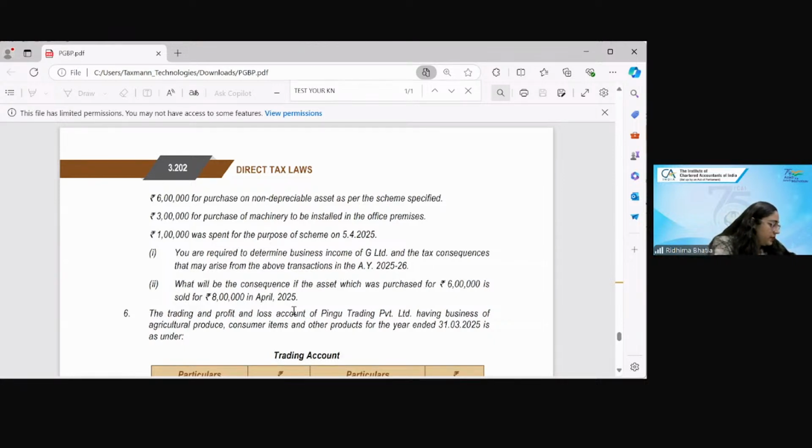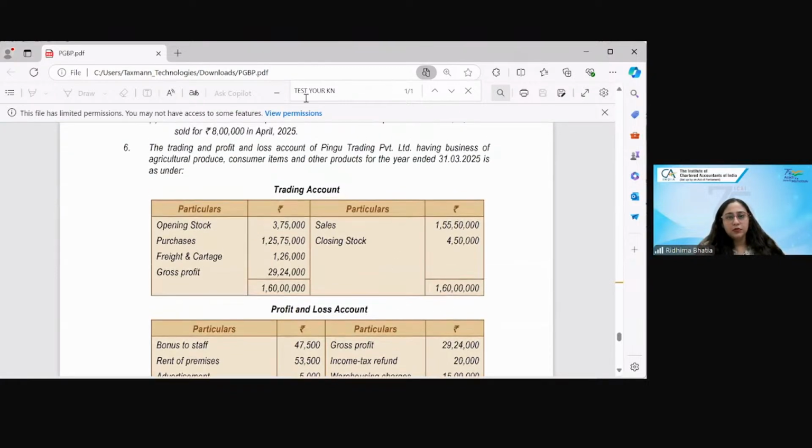Okay, so now we will begin with our Section 36. Let me share the screen.